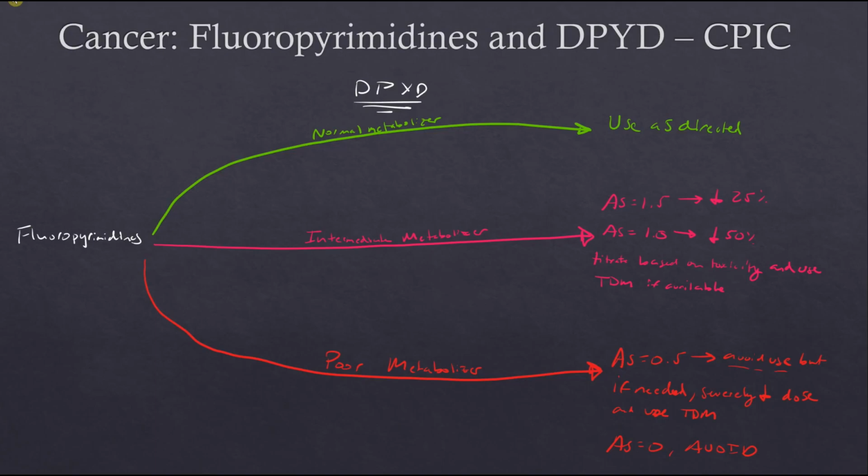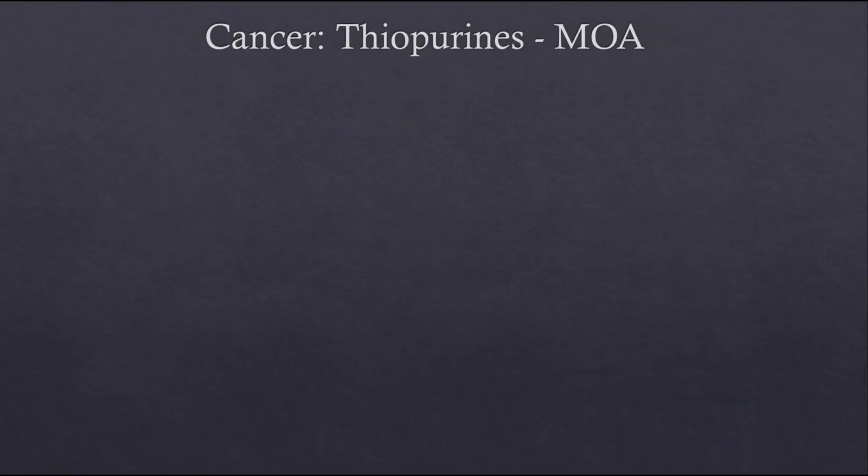Now let's go through our final cancer applied pharmacogenetic example for today, and that's with thiopurines. So let's go ahead and take a look at thiopurine metabolism and therapeutic effects. And the 3 drugs that we're going to talk about in terms of thiopurines are azathioprine, mercaptopurine, and 6-thioguanine.